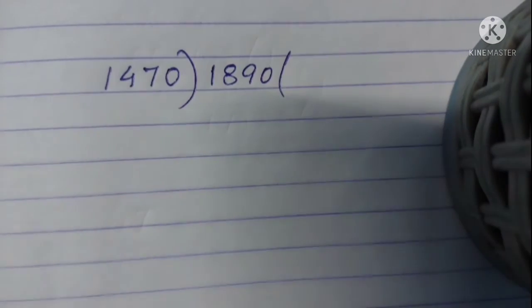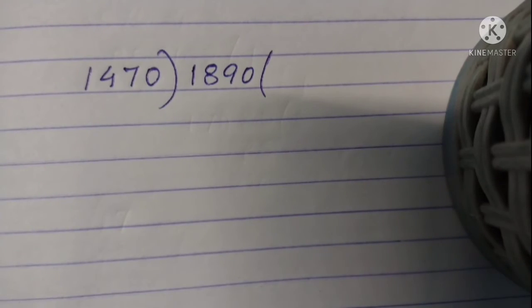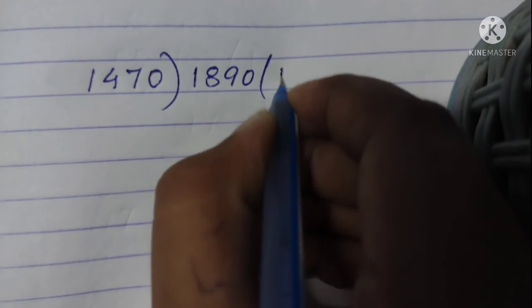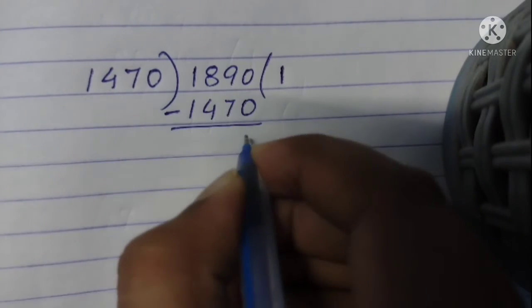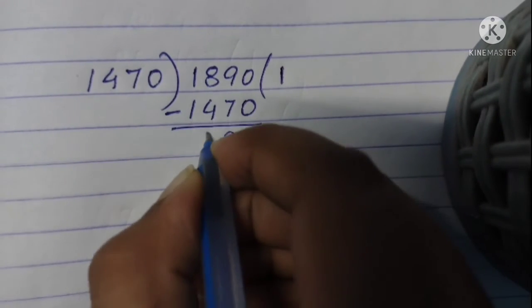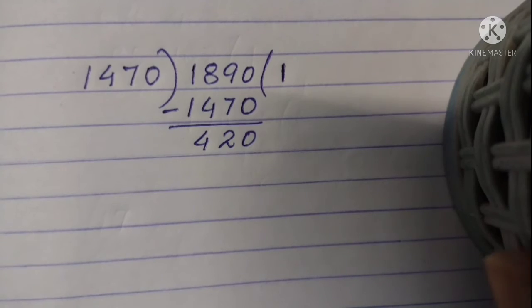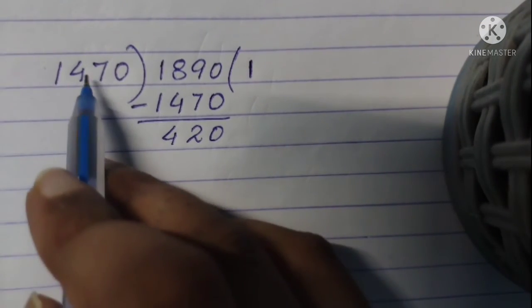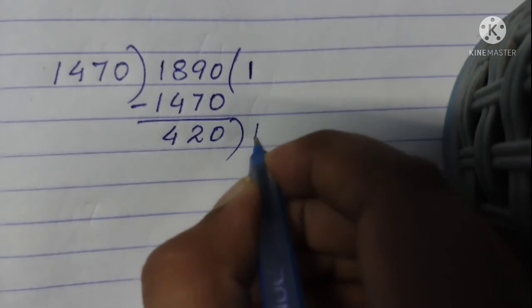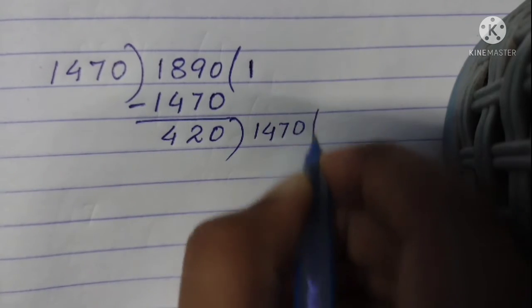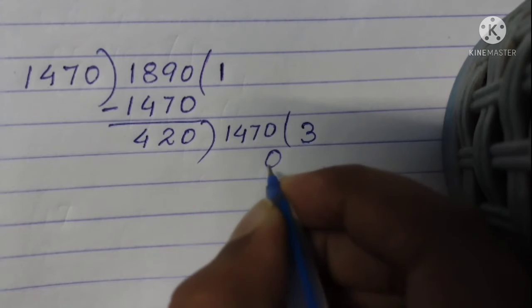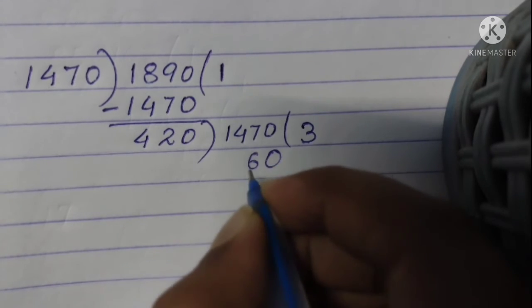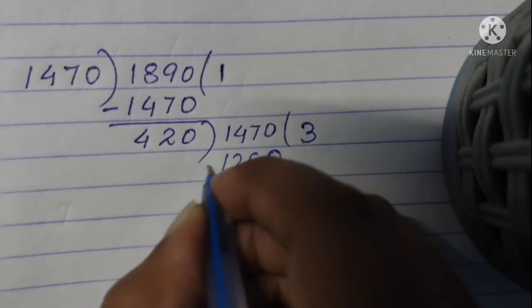Now let's divide. So 1470 into 1 is 1470. What is the difference? 420. Now we will divide 1470 by 420. So 420 into 3 is 1260.